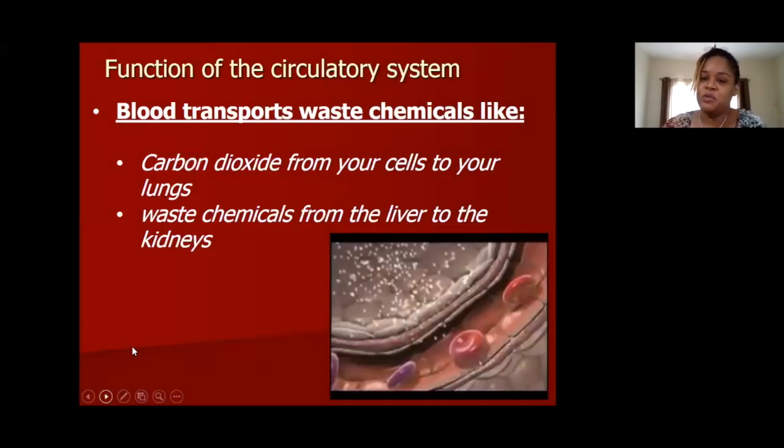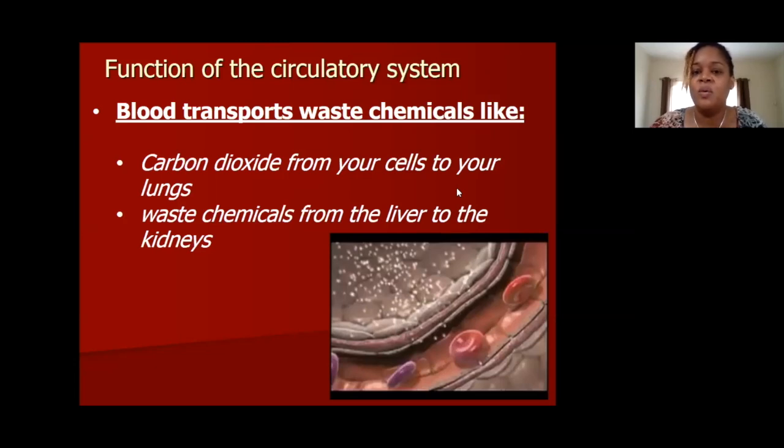So, as we mentioned before, blood circulates useful substances around the body in the form of oxygen and nutrients, but you can also find waste products being transported through the blood as well. So we have carbon dioxide that has no usefulness to the body, that has to be released from the body in the form of waste, and we exhale it every time we breathe out.